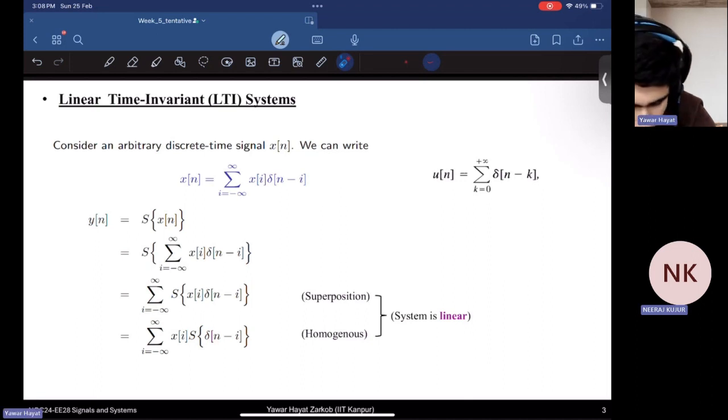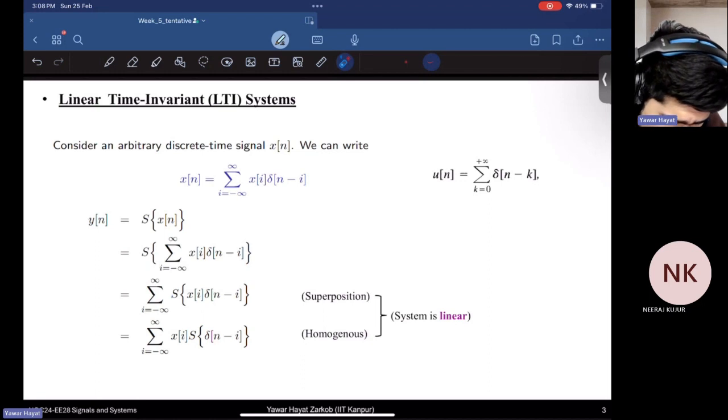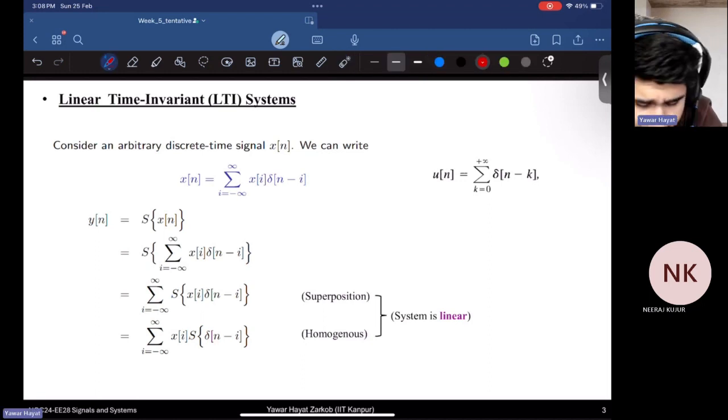Please go ahead. Discrete signals are also called discrete sequences. Usually we write that as discrete sequence, the point being that the signal won't be continuous.